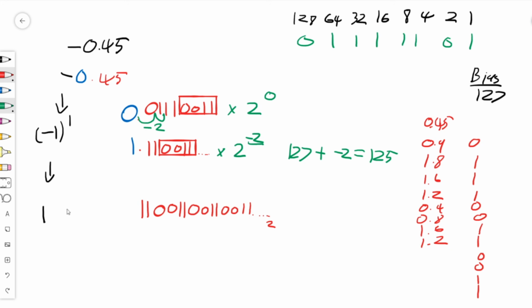And now we can put this into our number here. And now we have our final floating point number, 1 01111101 1100110011001100 is our final floating point representation of the number negative 0.45.